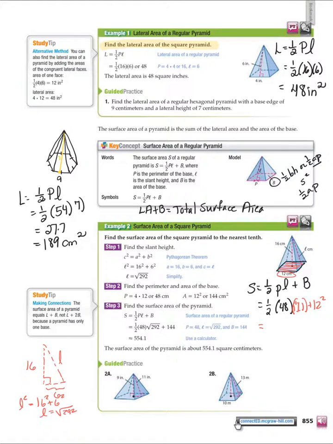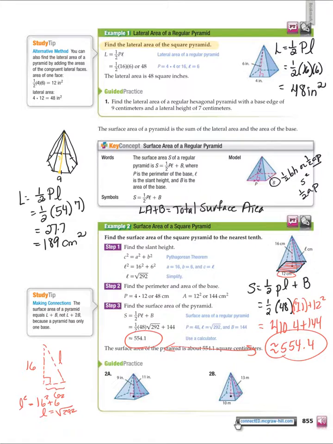Now I'm ready to put in the calculator 0.5 times 48 times 17.1 equals, it's about 410.4 plus 144. And that's going to give us approximately 544.4.